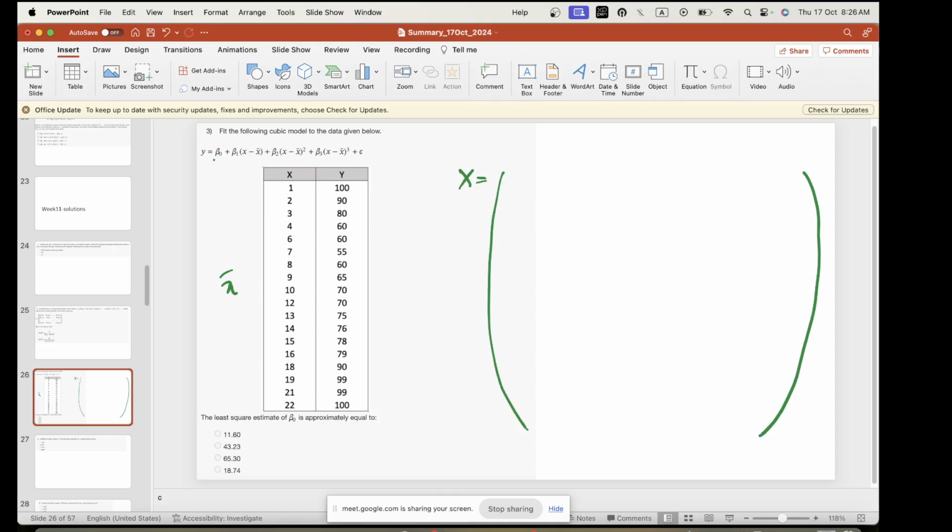See, beta naught is an intercept, so the column will be 1 1 1 1, however many terms. Beta 1 is x minus x bar, so here we have to input x minus x bar. So x bar is how much? Let us just calculate. One plus 2 plus 3 plus 4.